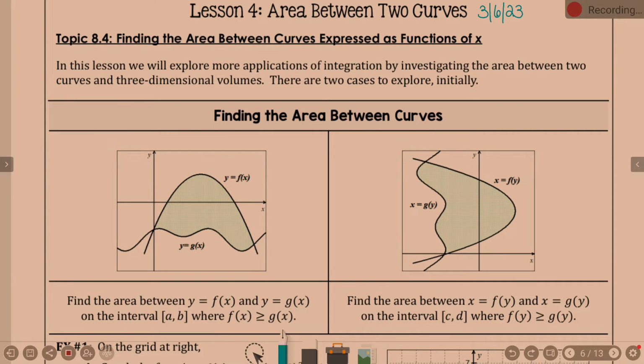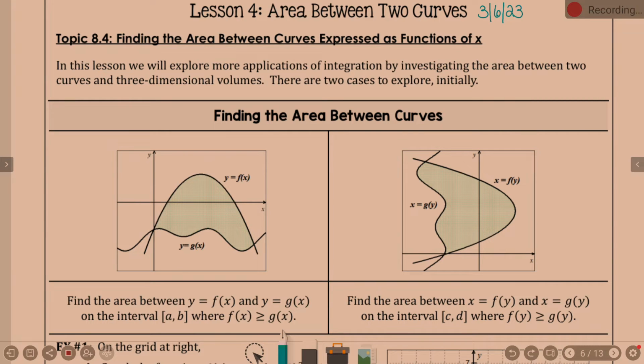So we have two different options here for finding the area between curves. This is what I think of as our more traditional option. And this is when you have the idea of one curve on top and one curve on bottom. Okay? And this situation is going to be when your equations are solved for y in terms of x.